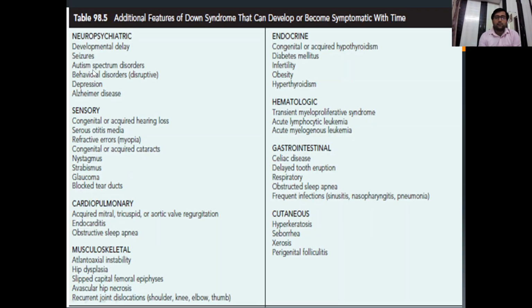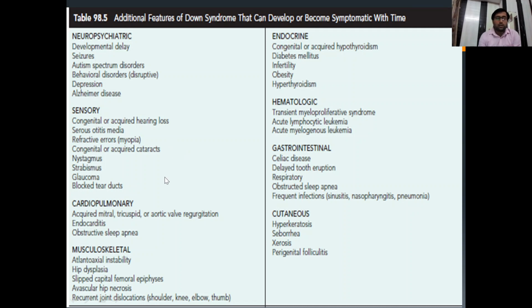These are the additional features of Down syndrome which can develop later in life. In Down syndrome a patient can also develop neuropsychiatric disorders like Alzheimer's and autistic spectrum disorders. These are the list of sensory anomalies which can develop with time. Children with Down syndrome are particularly prone to develop otitis media.